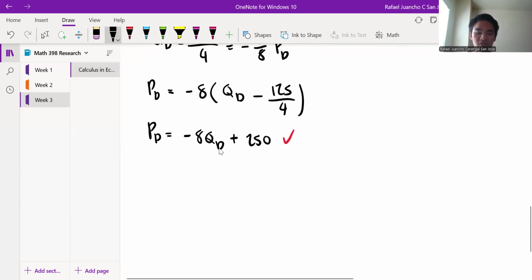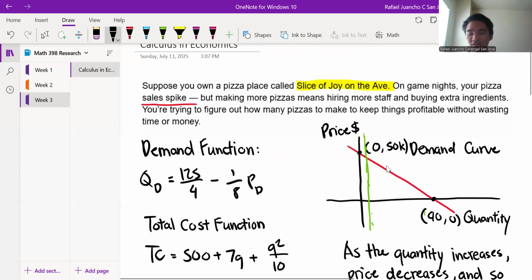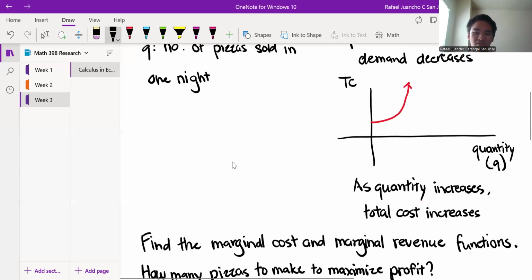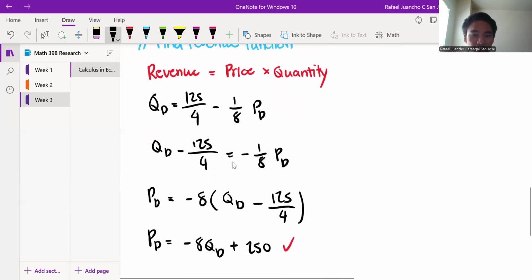So we can plug in a quantity demanded, and we will get a corresponding price demanded. It's based on this demand curve that we have. I'm not going to plot it anymore, but it's a decreasing linear function.